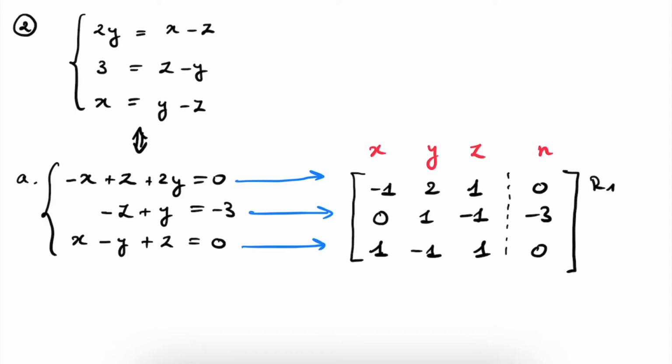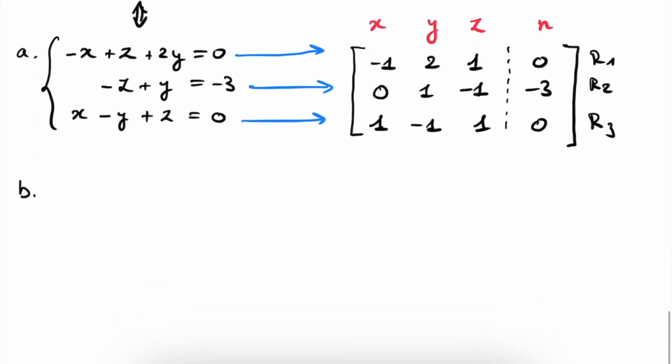And we have R1 here, R2 here, and R3 here. The second step is, of course, to try to make from this matrix a triangular matrix, which means that we have numbers on the diagonal and everything above it, and all of the remaining numbers will have to be 0. And we're lucky already because one of them is already 0.